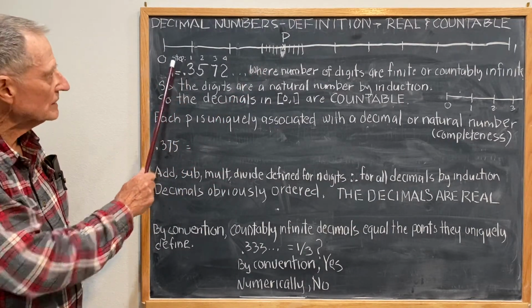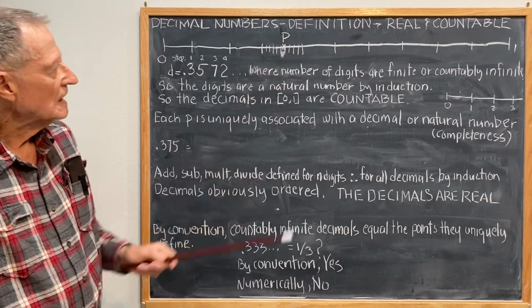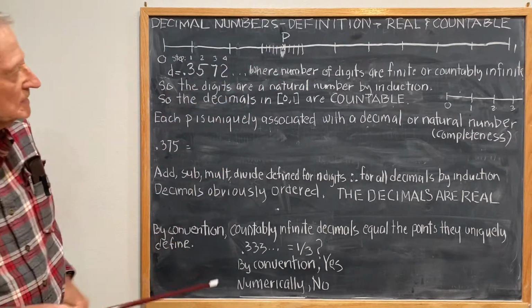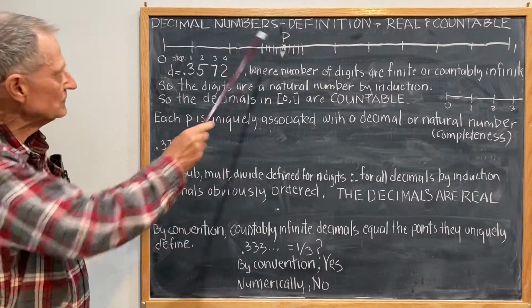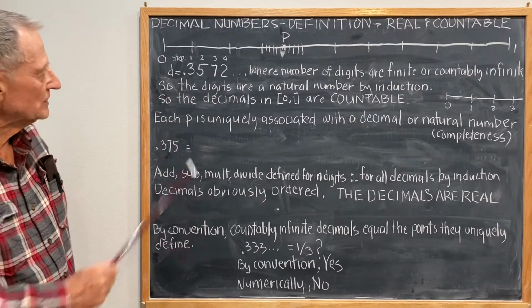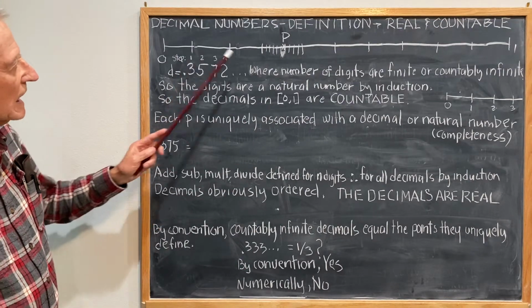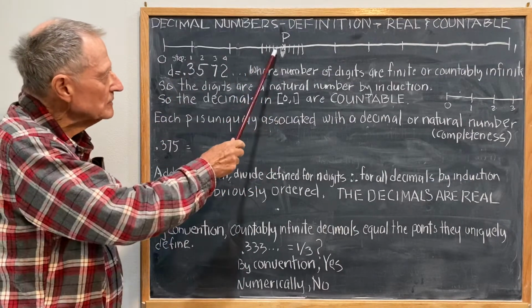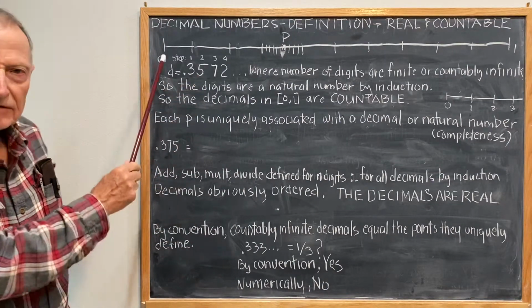That's step 1. Then divide that increment into 10 increments, and it will fall in one of those increments, in this case 1, 2, 3, 4, 5. It falls right after the 5th increment. So the second number in my decimal expansion will be 5. That's step 2. So I now can divide that increment again into 10 increments, and let's say P falls in the 7th increment of that.